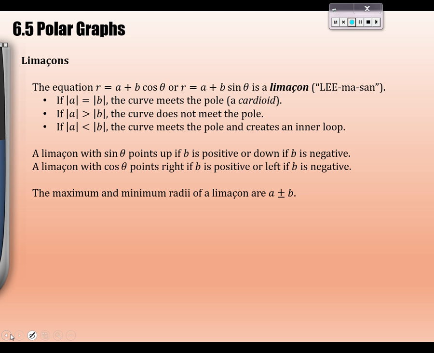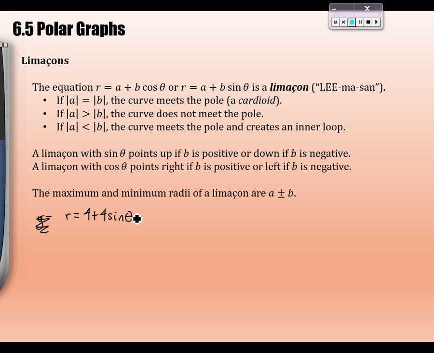I do think that's a helpful analysis, right? Like a cardioid, for instance: if you have r equals 4 plus 4 sine theta, that's a limaçon, or a special case, it's a cardioid actually. And what is the maximum value of this thing? Well, 8. And what's the smallest value? 0, right?